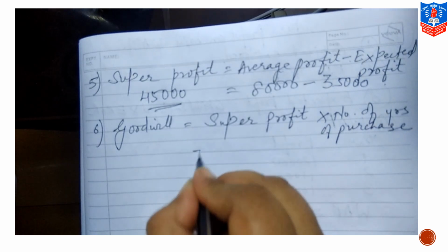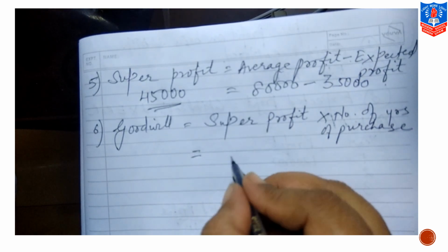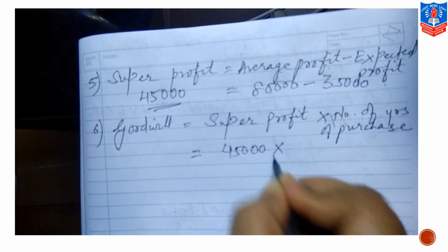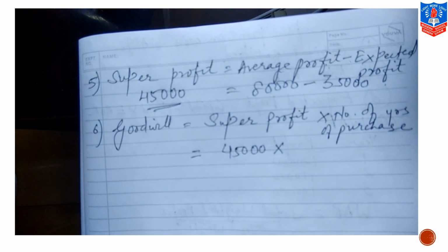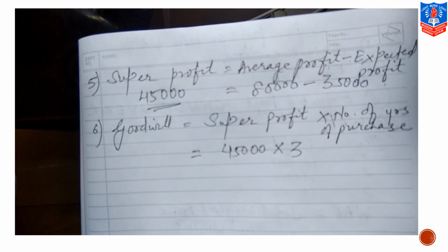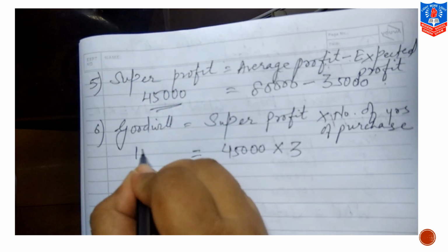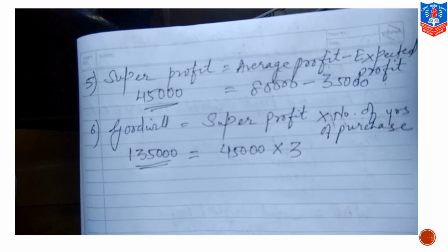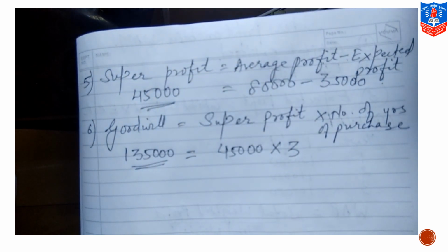Now goodwill we will find on the basis of it: 45,000 into number of years of purchase given in the question, that is 3, and you get your goodwill of 1,35,000.